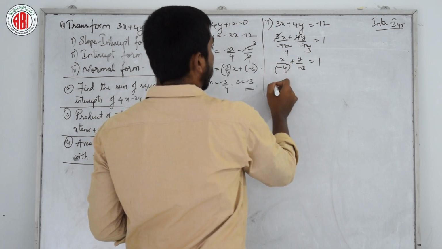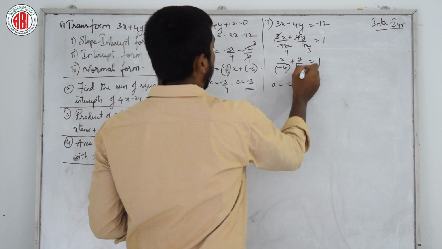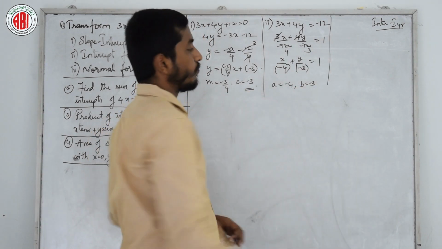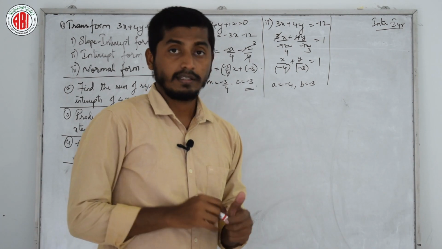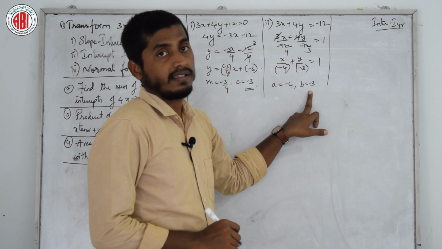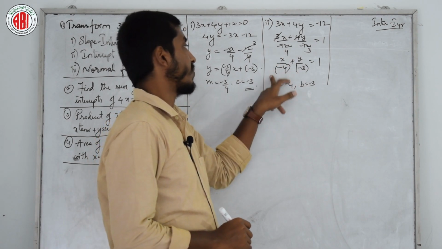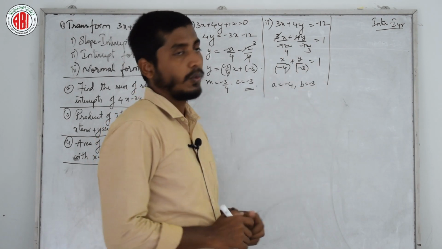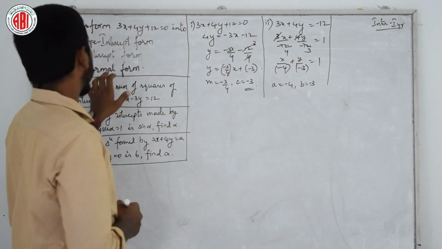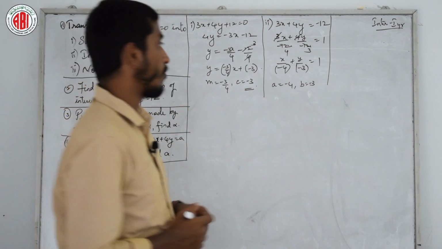What is a here? Minus 4. What is b? Minus 3. Is it clear? Everyone, a is minus 4 and b is minus 3. This is exactly in the form of x by a plus y by b equal to 1. Now, the next thing we have to do is convert into the normal form. How to convert?